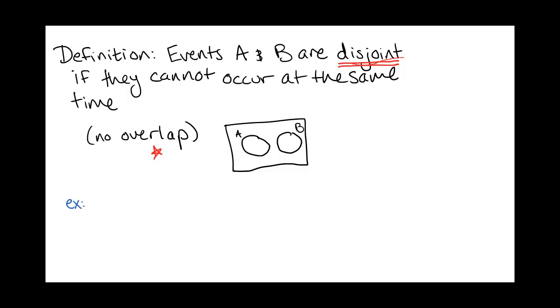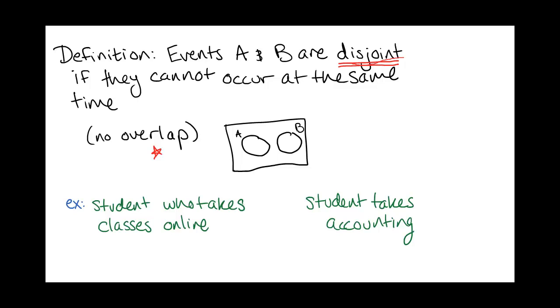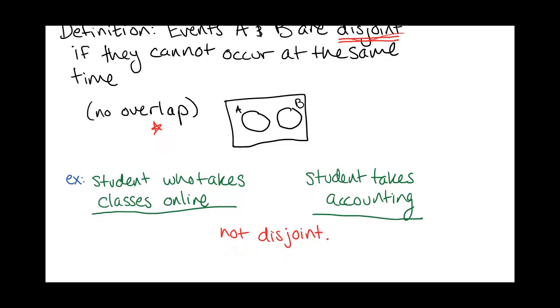So for example, if I'm looking at students at Red Rocks, I want to see if I select a student at random, what's the probability that we find a student who takes classes online or a student who takes accounting. So these are two different events, and I want to say, are they disjoint? Or in other words, can they both happen or not? Well, in this case, a student who takes a class online could take accounting, not necessarily, but these are not disjoint.